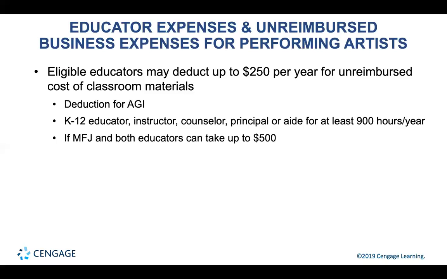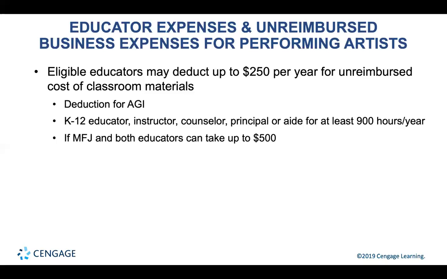The deduction is limited to K-12 educators, instructors, counselors, principals, or aides who work at least 900 hours a year. We all know teachers, I'm sure, that buy supplies for their classroom because they're not given enough for the year. So this $250 is limited; they probably spent more than that.